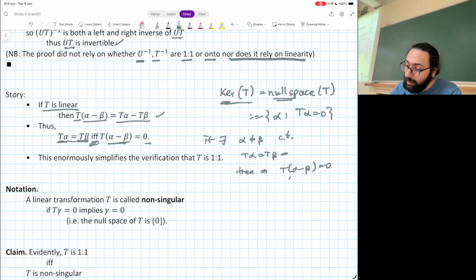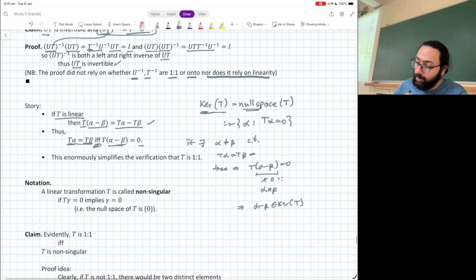And what does that tell us? That alpha minus beta is not 0, because alpha is not equal to beta. And so that implies that alpha minus beta belongs to the kernel of T, correct? Is that making sense?